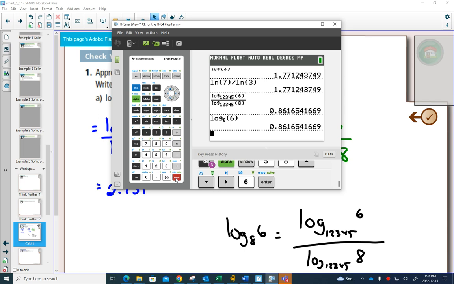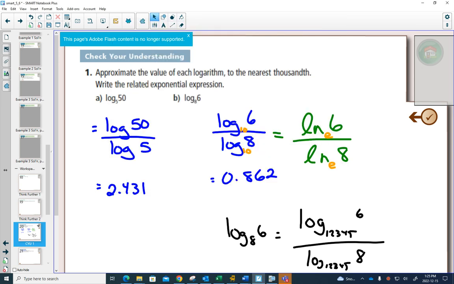It would just be like, I like to take longer on tests than normal. Not necessarily a good choice, but allowed. You were allowed to put in whatever number here when you change the base that you would like. But highly recommended to use 10 and E because those buttons are on your calculator and easily accessible.